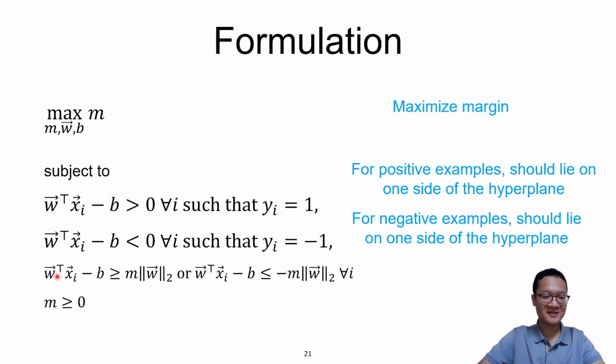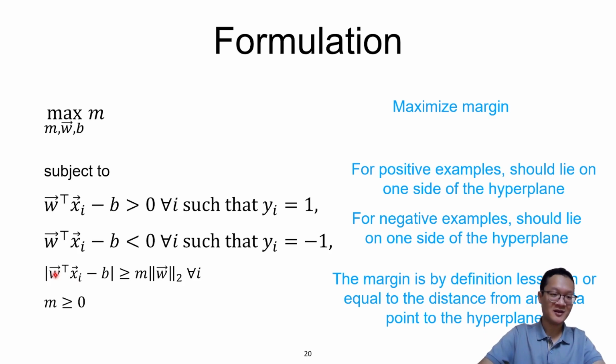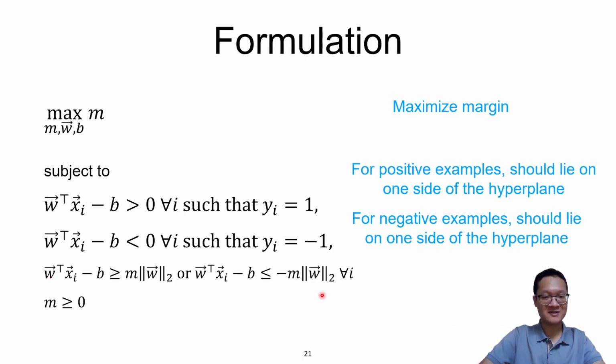The first case is simply taking away the absolute value, so the inside being greater than or equal to this number is one case. The other case is that the inside here is so negative that it's less than or equal to the negative of the right-hand side. So that was the second case. Again, we keep the "for all i".